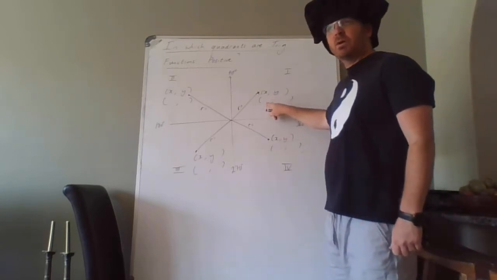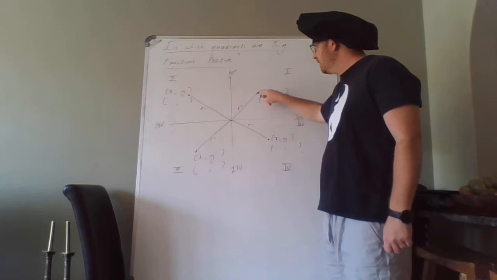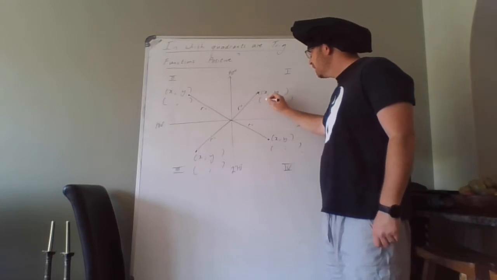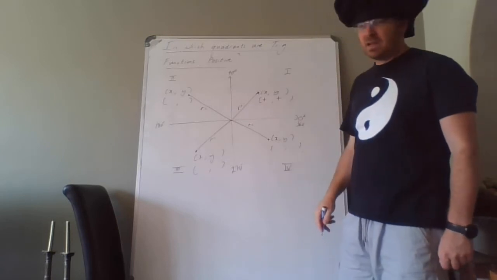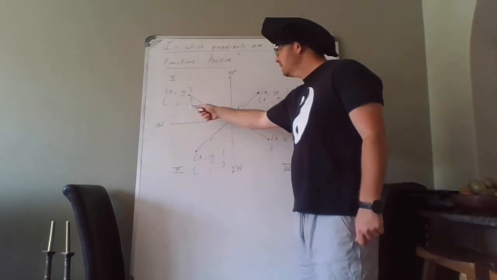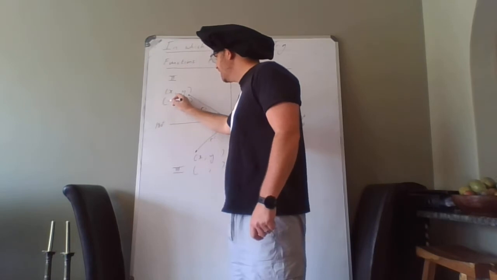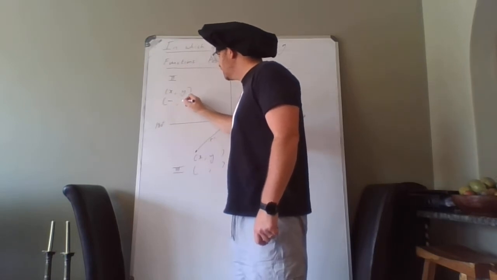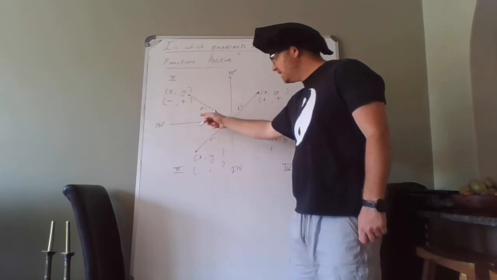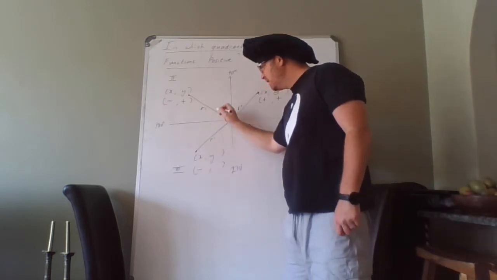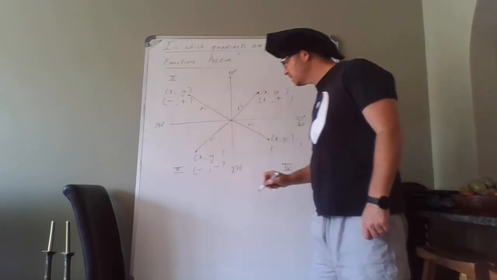If I was working in quadrant 1, any point in quadrant 1, well, the x-coordinate is positive, and the y-coordinate is positive. Okay, in quadrant 2, the x-coordinate is negative, and the y-coordinate is still positive. I've gone to the left, and I've gone up. In quadrant 3, I've gone to the left, so my x-coordinate is negative, and my y-coordinate is also negative.